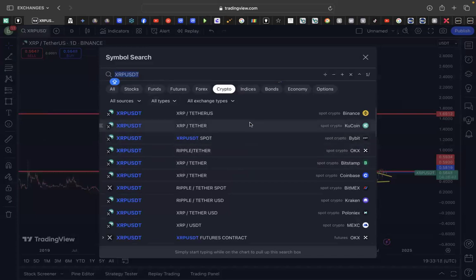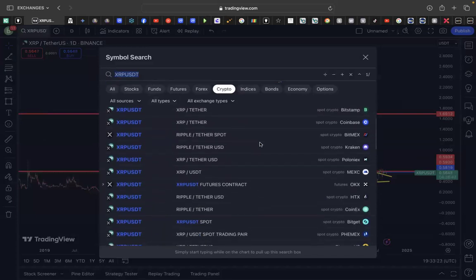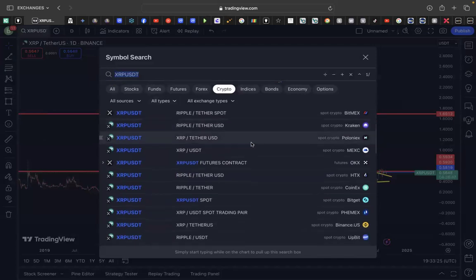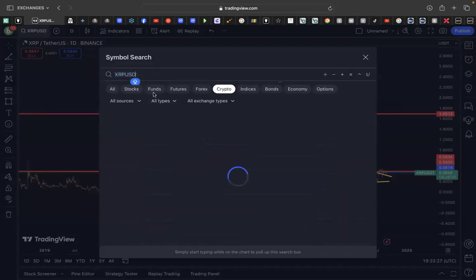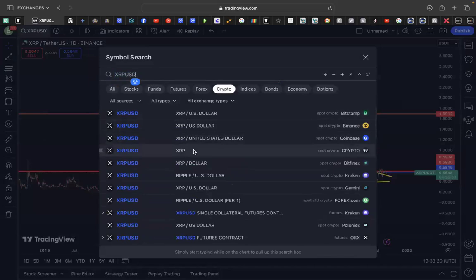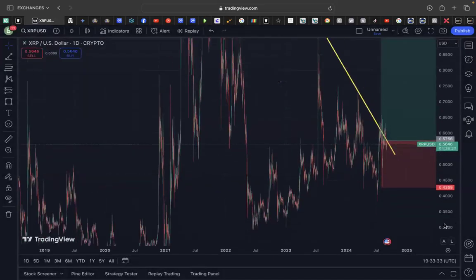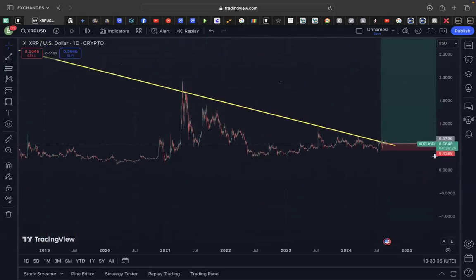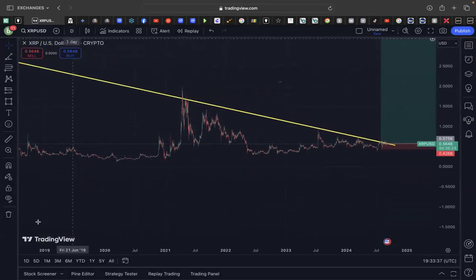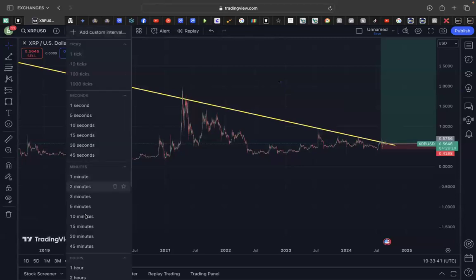Binance is a small exchange. So this is a much bigger chart for XRP.